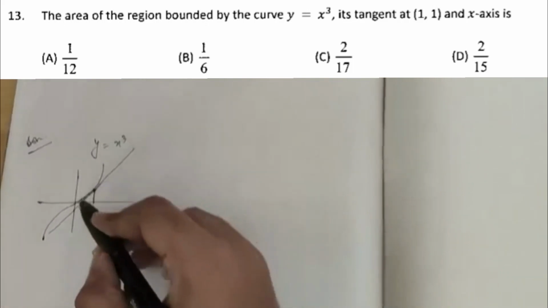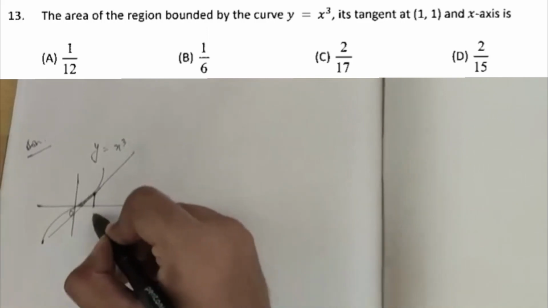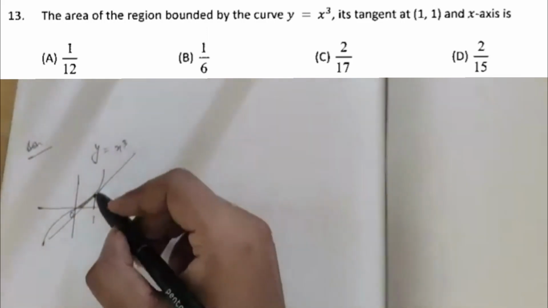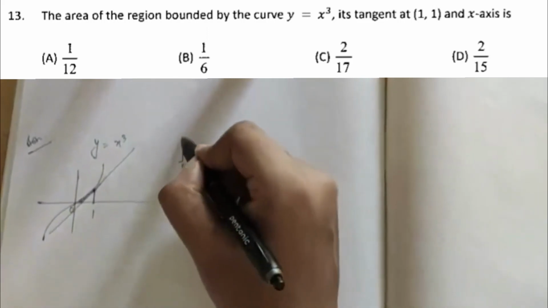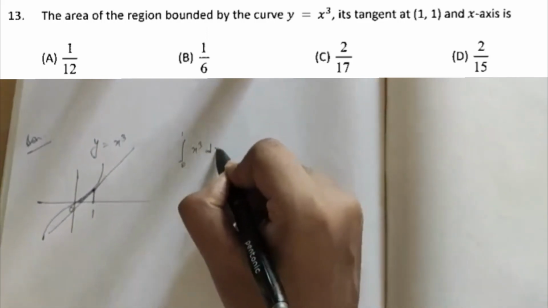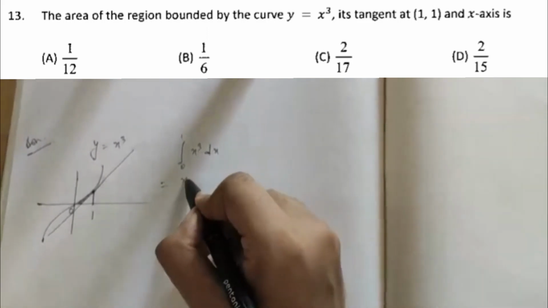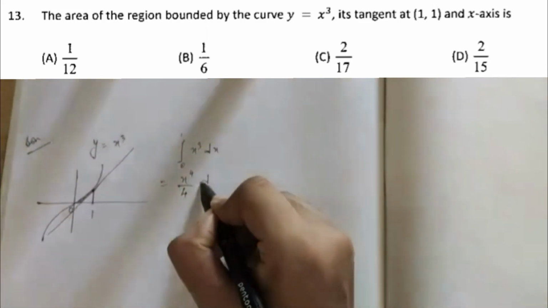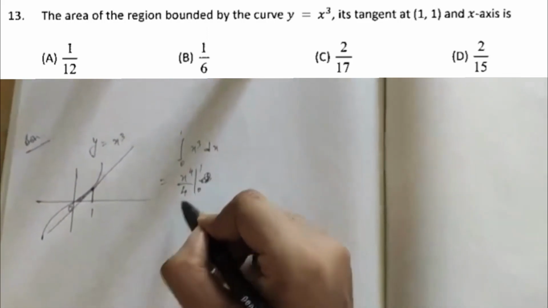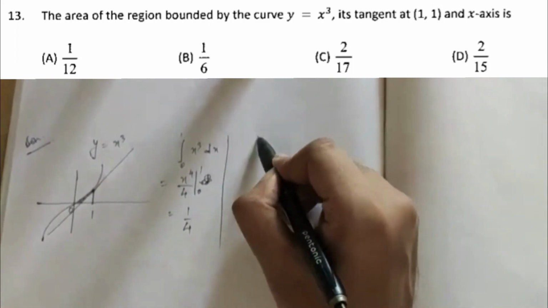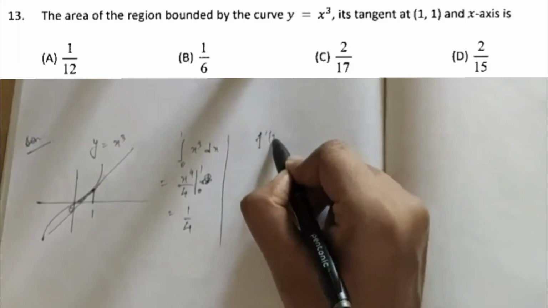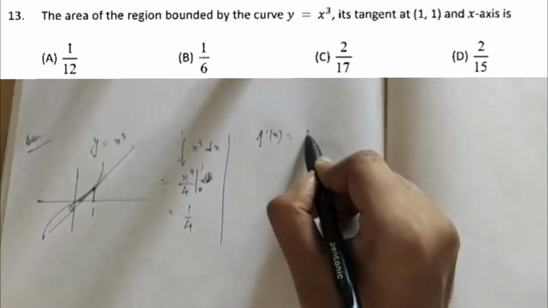So the area under the curve from 0 to 1 will be the integration 0 to 1 x cube dx. That will be x to the power 4 by 4 from 0 to 1. That means 1 by 4. Now, if I try to get the slope of the tangent, that is f dash x is equal to 3x squared.